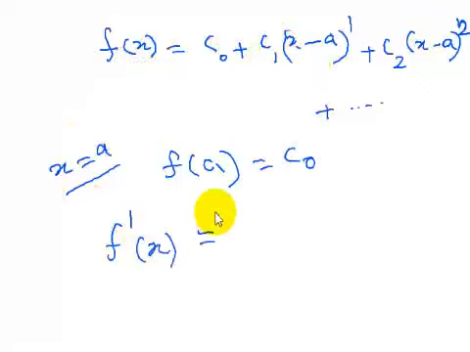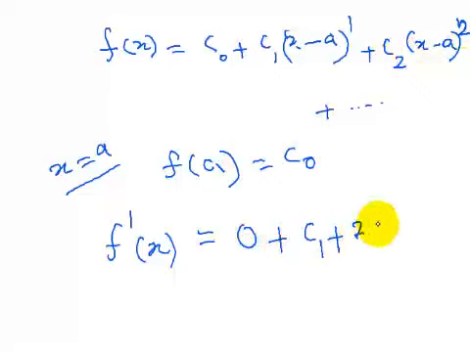On the right hand side, the constant term becomes 0 when you differentiate once, and you get c1, and when you differentiate the next term, you get 2 in front of c2.